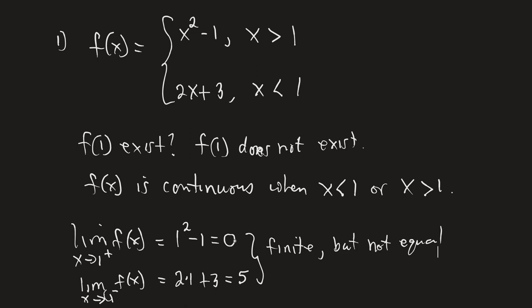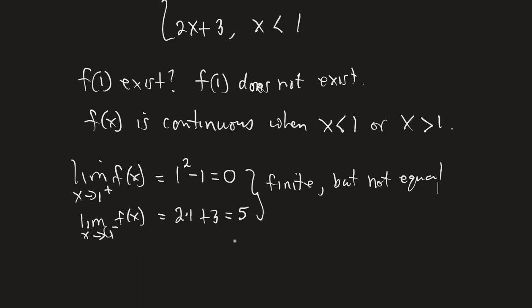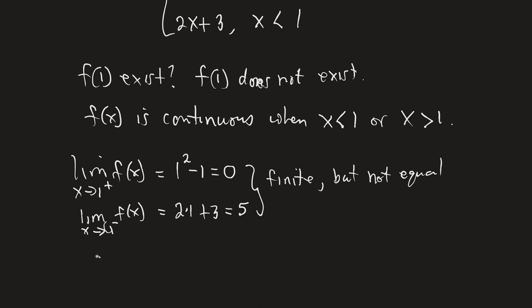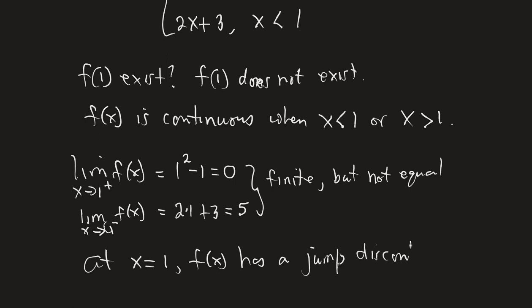So in this case, the function, so at x equals 1, f of x has a jump discontinuity, right? And we know that because the two one-sided limits, right? So our limit from the right, our limit from the left, they both exist, but they're not the same.